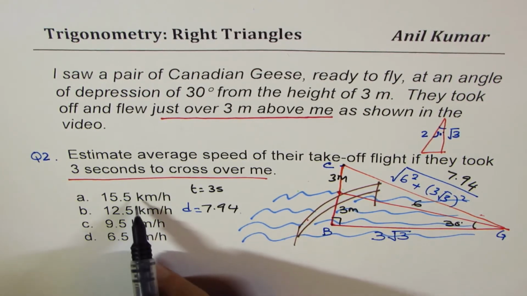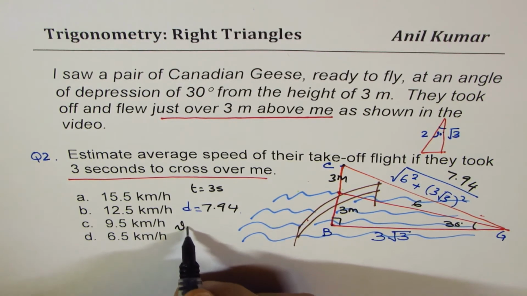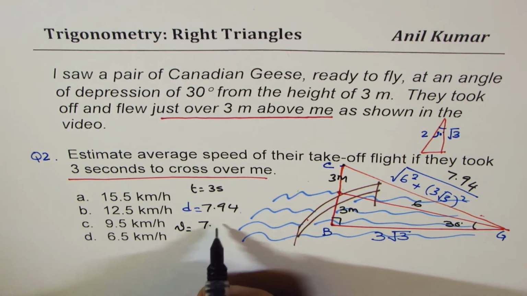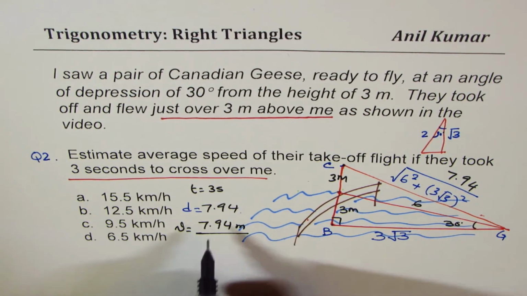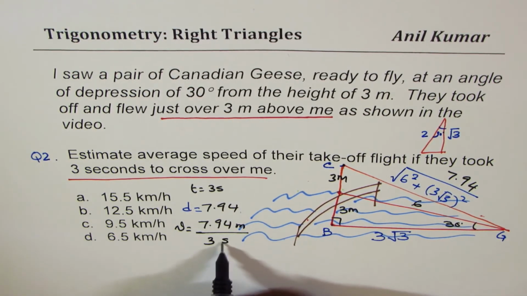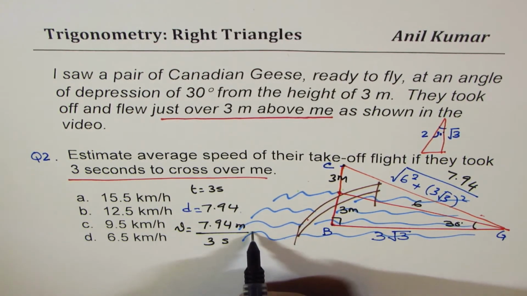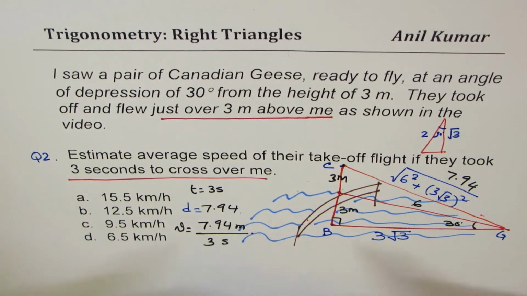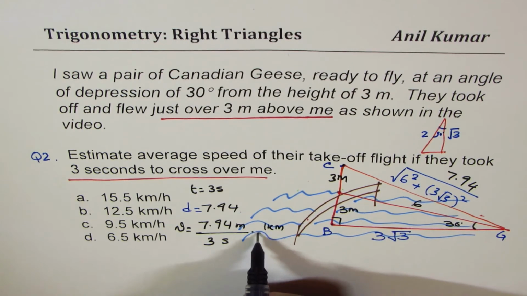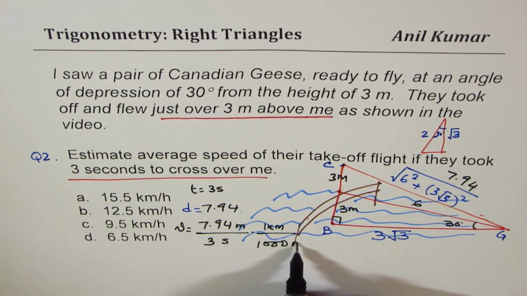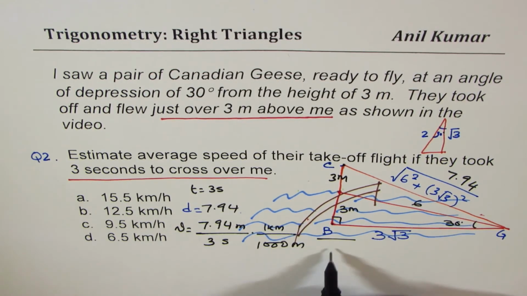Well, the speed is given in kilometers per hour, we have to change the units also. So we can say speed or velocity is distance 7.94, this is in meters, divided by 3 seconds, correct? To convert this to kilometers per hour, what should I do? Well, as far as meters are concerned, we know that 1 kilometer is equal to 1000 meters, and hours, we want it in the denominator.